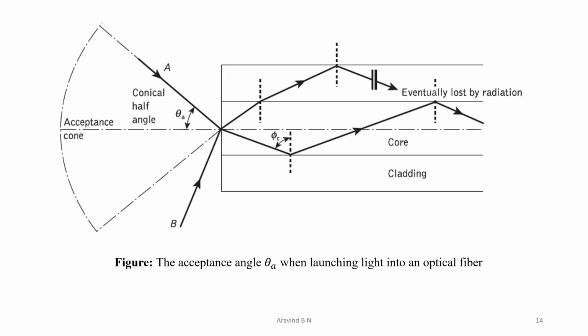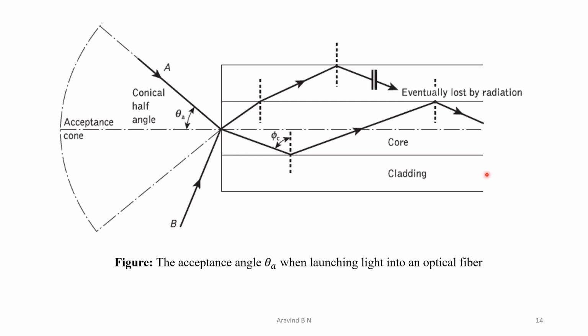Now let us go through the diagram for better understanding. So try to understand this diagram representation once again. From this point up to this point, this is the core region of the optical fiber. This upper region, from this point up to this point, is the cladding.